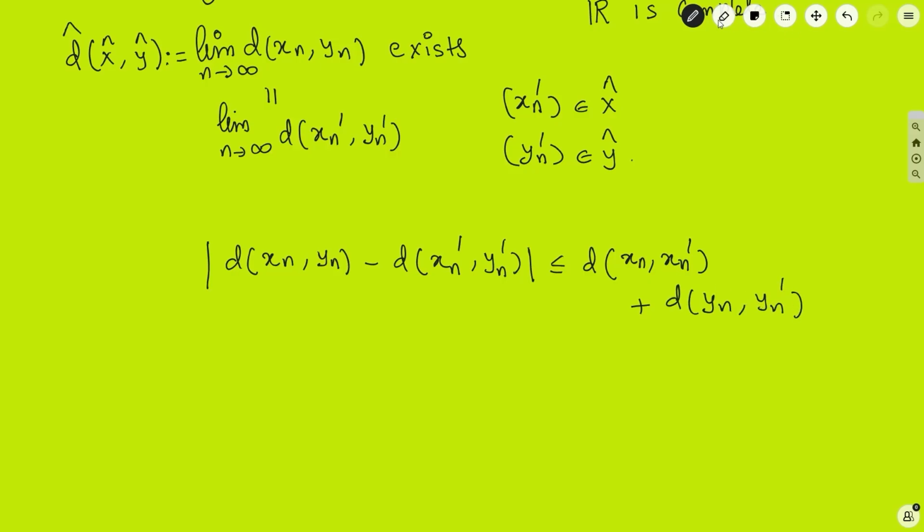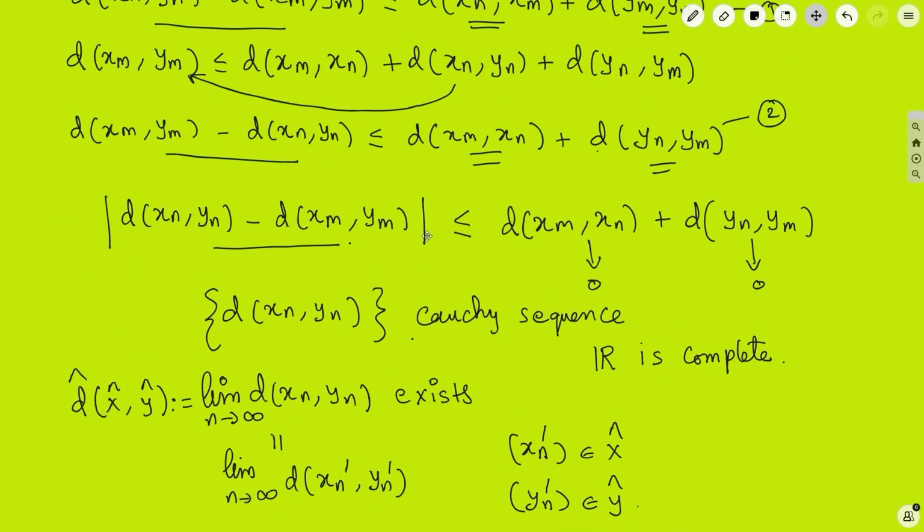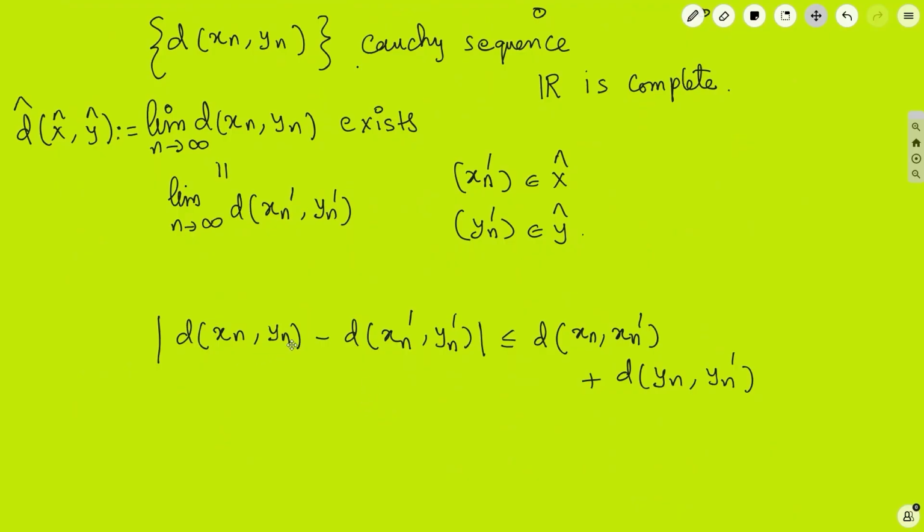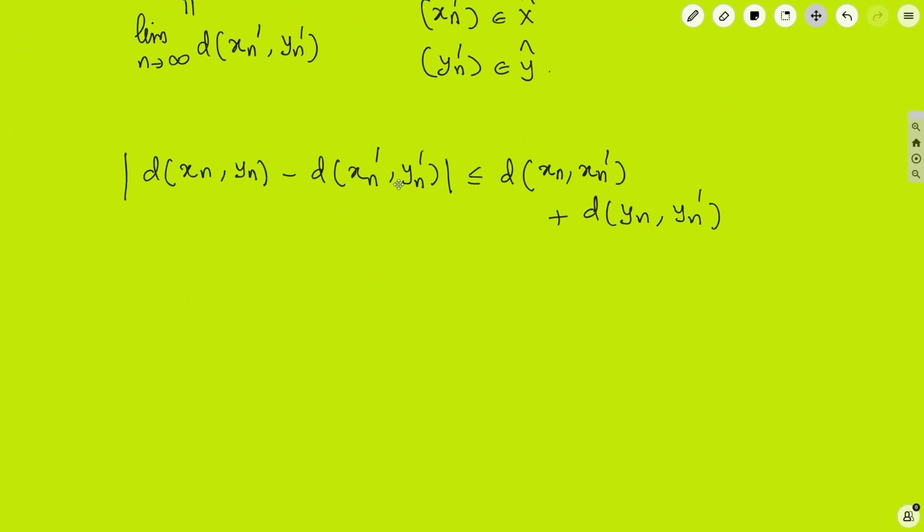Okay, so it's the same thing that we have here. It's the same inequality, but instead of xn and xm, it's xn, yn, xn prime, yn prime. So you will see that you get the same thing. If you want, you can check it for yourself again. It will turn out to be the same sort of inequality. Okay, now what do we know about xn and xn prime?